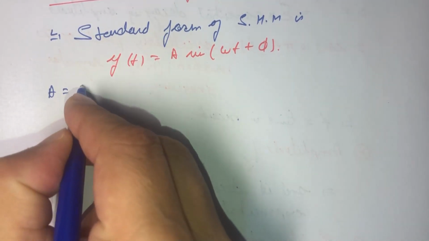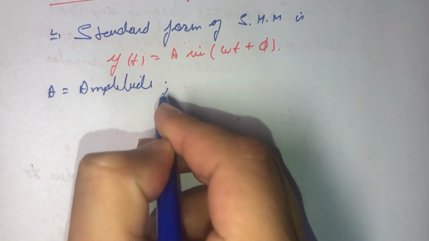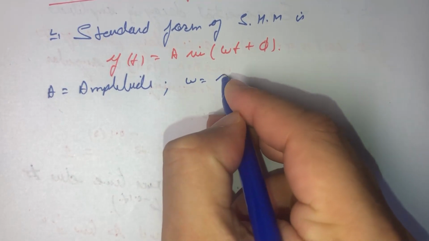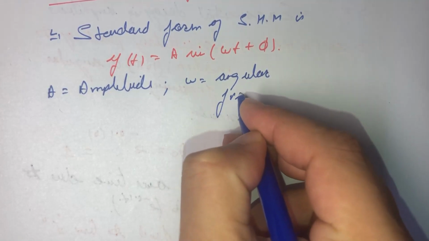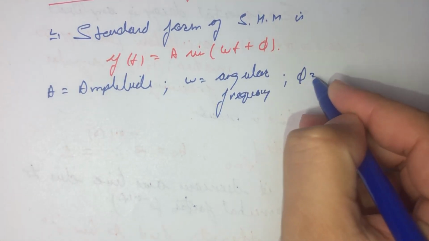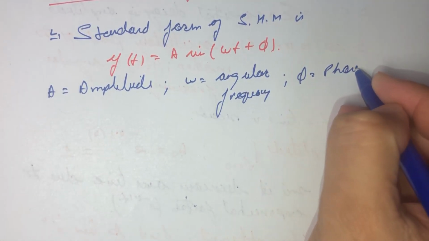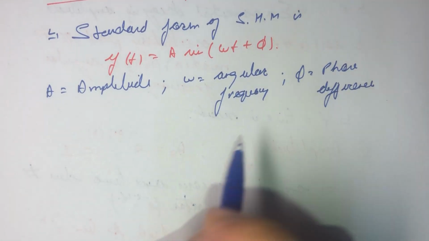So A is the amplitude, ω is our angular frequency, and φ is the phase difference.